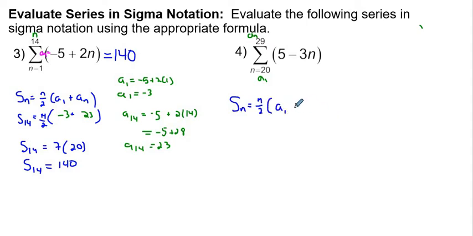I find that doing this helps students understand what the real question is, like, where are we really stuck? I don't think we're stuck finding these two things. a1 in this case will be a20, meaning a1 means first term. It doesn't necessarily mean plug 1 in. It just means the first term that you're adding.